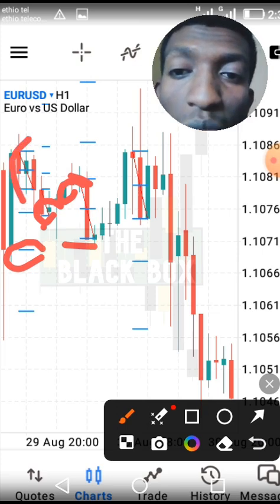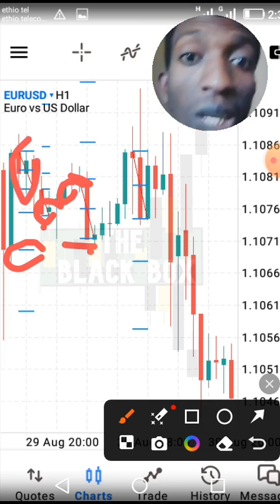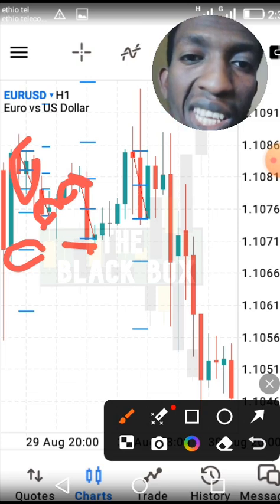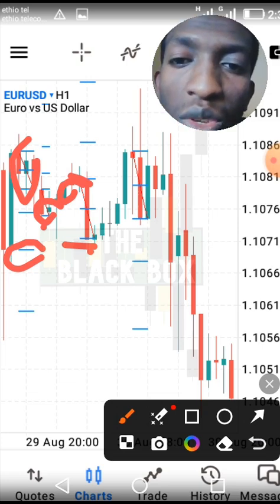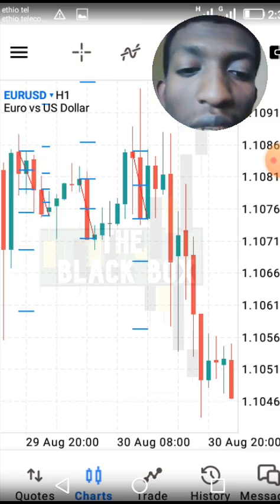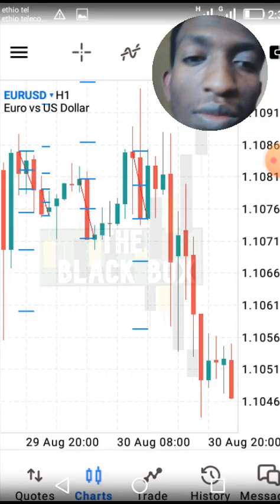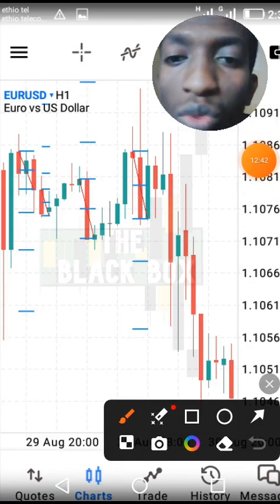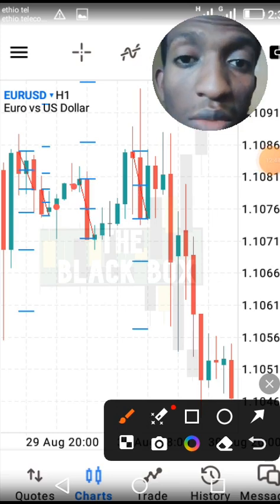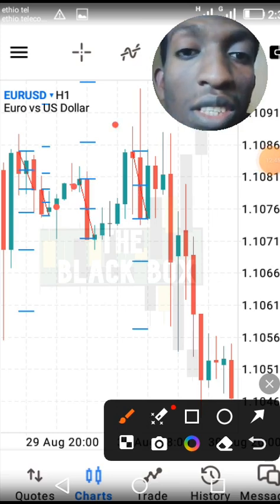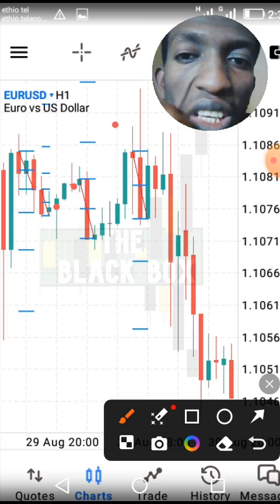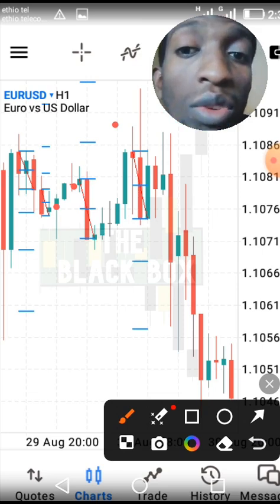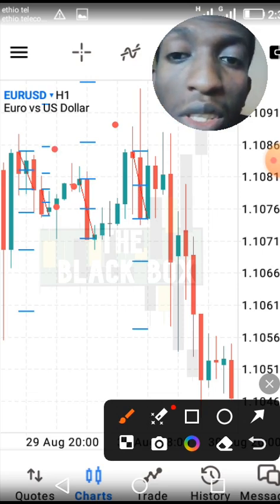But for this one, it is done down there. Okay, it is done. So, in order to fulfill the TP2 for both this one and these black boxes, the price just changed direction and beautifully fulfilled the TPs. Up there, TP2 for this one. Up there, TP2 for this one.